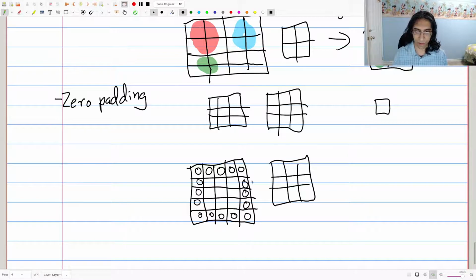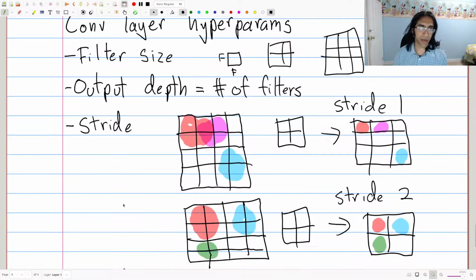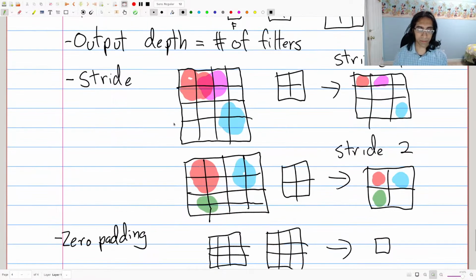For example, now you can put it at the top left here, whereas that wasn't allowed before. And this will lead to an output which is this size instead. So you can see we're growing the input by padding it in order to make the output bigger. These are the 4 hyperparameters which are relevant in building a convolutional layer.